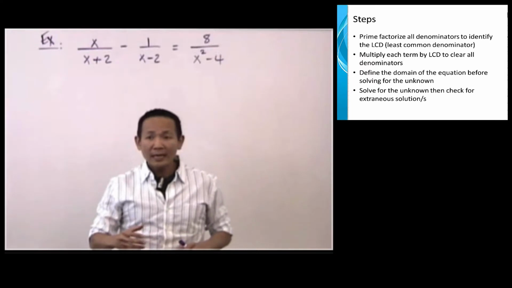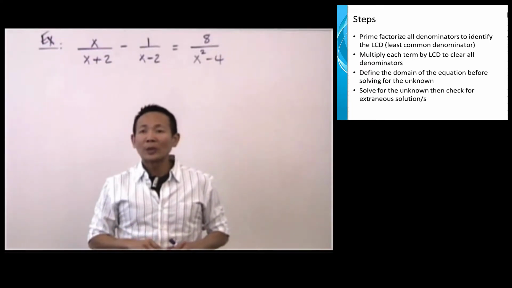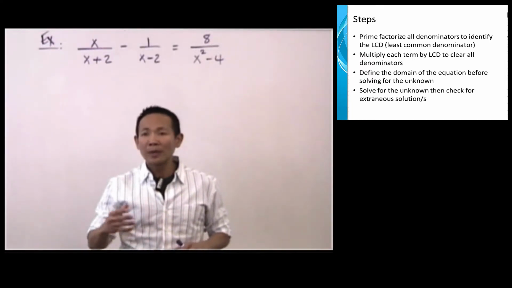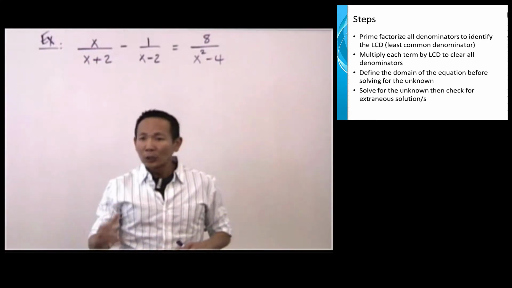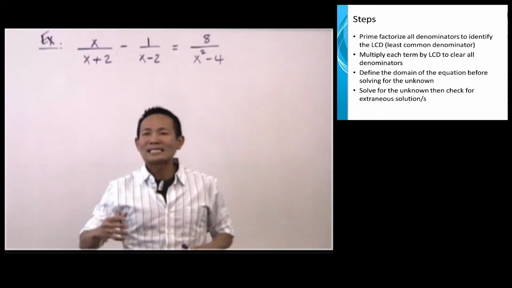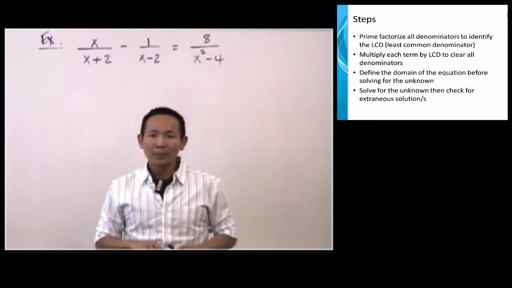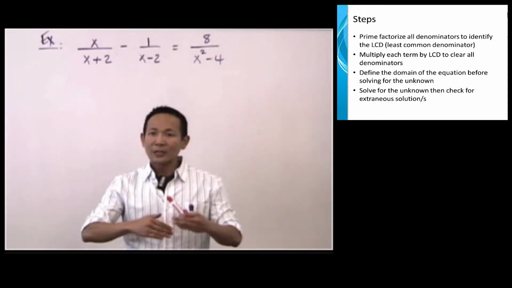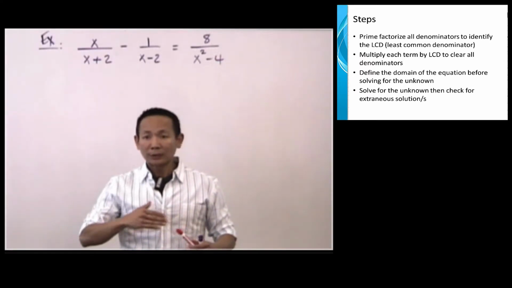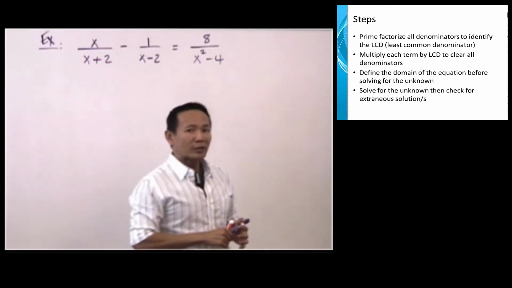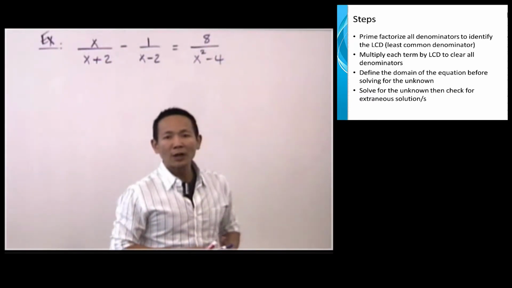And once again, the domain of the rational equation is all possible real numbers, excluding those that make the denominator 0. After we define the domain of a particular rational equation, we continue on to solve for the unknown.